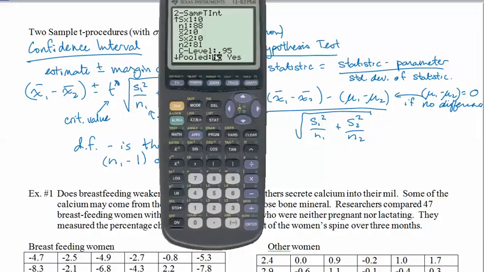In most cases, we would just say no. So you can leave that as no and then do your calculate. If you don't have the stats and you've got the data, now you're entering in which list you have chosen. Frequency can stay as 1. You can enter your confidence level that you want, and once again choose no for pooled.